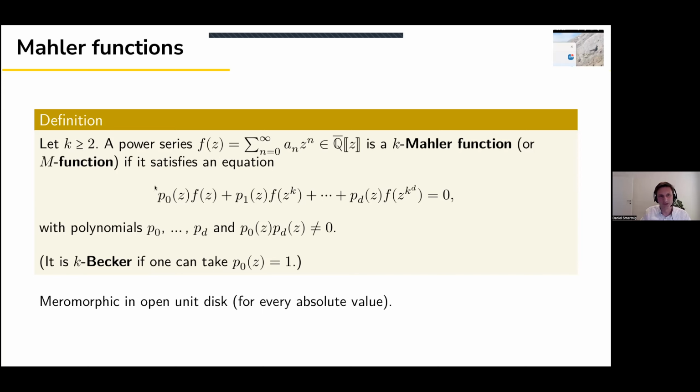And one can use this recursion to extend this to show that they are meromorphic in the open unit disk. And this is true for every absolute value. I'm not sure how familiar people here are with different absolute values. It's definitely true for the usual absolute value, and we will also be needing the non-Archimedean ones in some sense. They are essential, but it's not too important to know about them here. So that is what the Mahler function is.